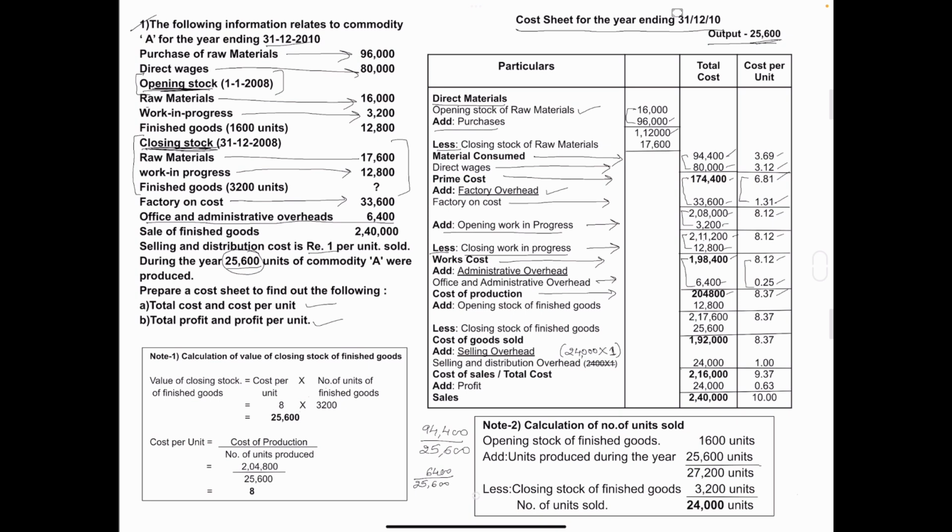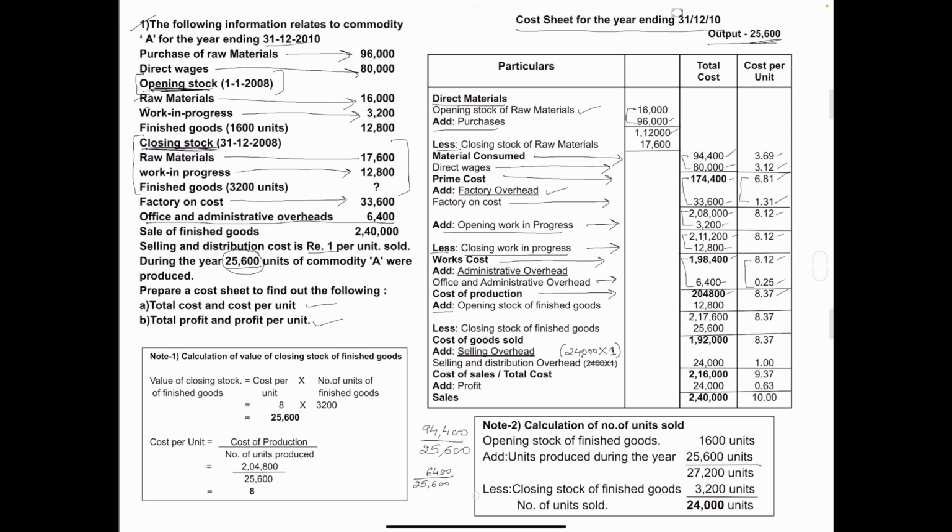After taking the administrative overhead, we have to add opening stock of finished goods, and we have to less closing stock of finished goods. Same as work in progress, opening we have to add and closing we have to less. See the opening balance.